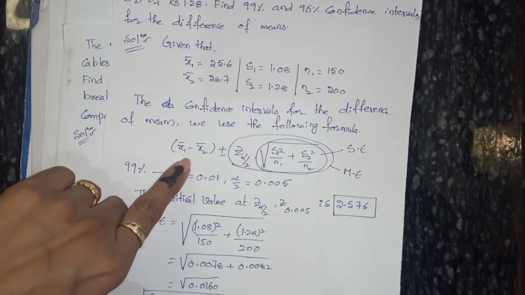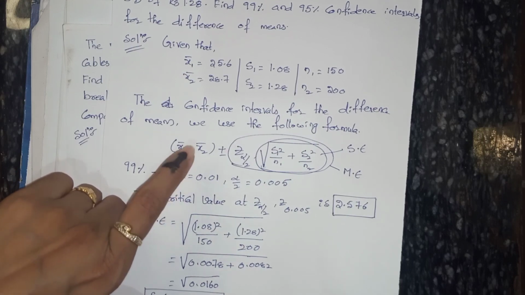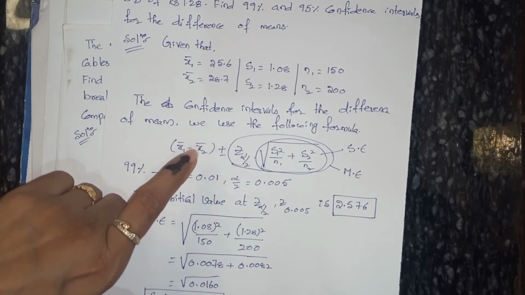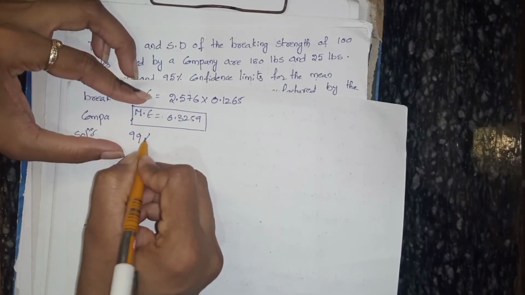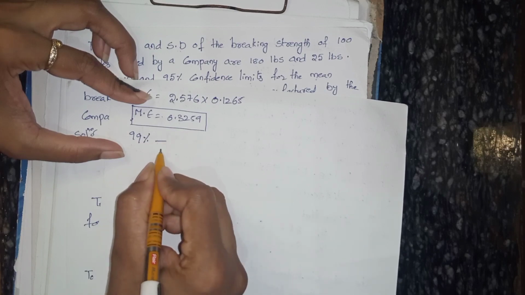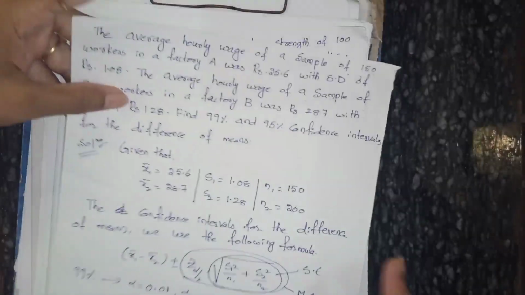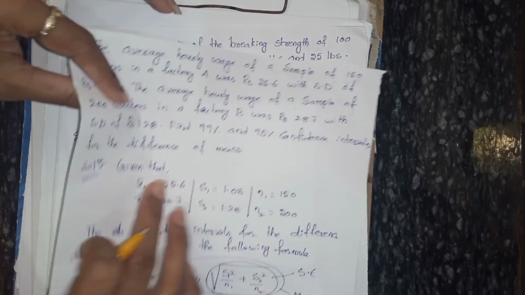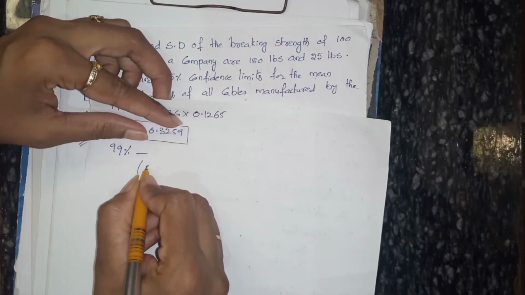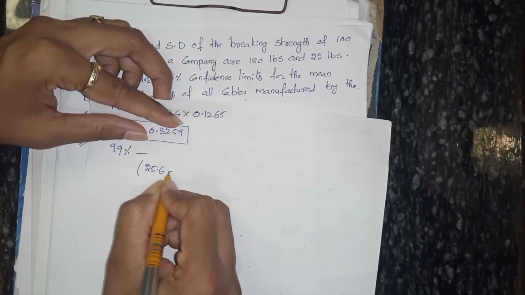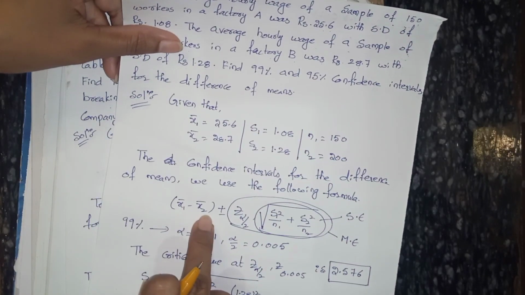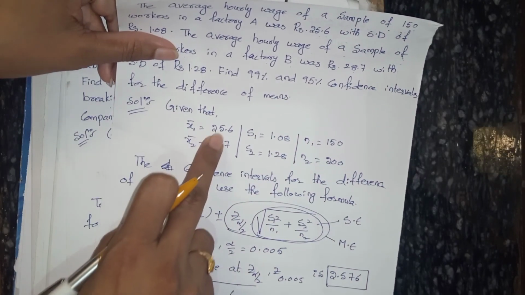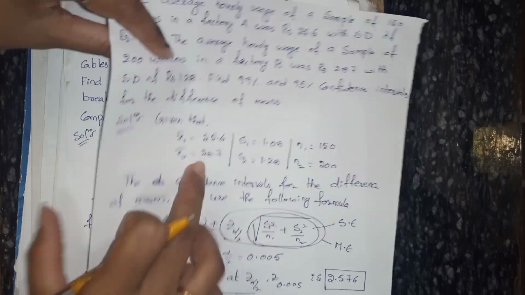Now we have to find the confidence interval at 99%. The confidence interval is x1 bar minus x2 bar plus or minus the margin of error. Here x1 bar is 25.6 and x2 bar is 28.7.